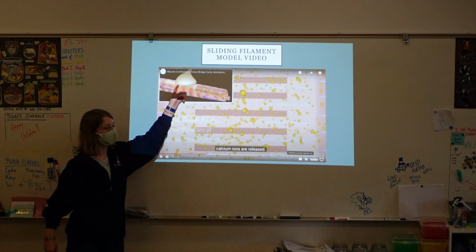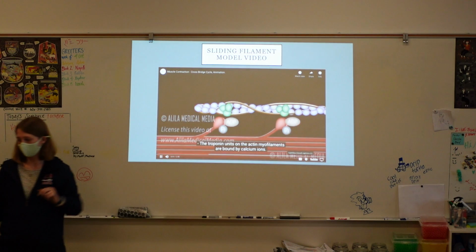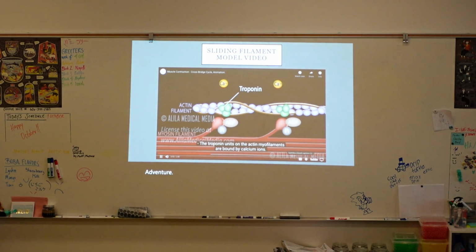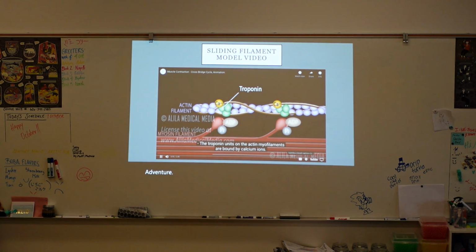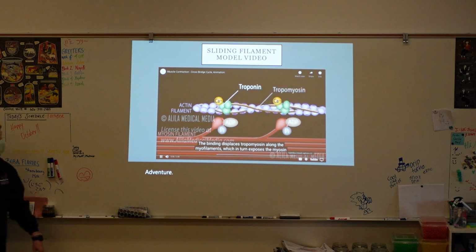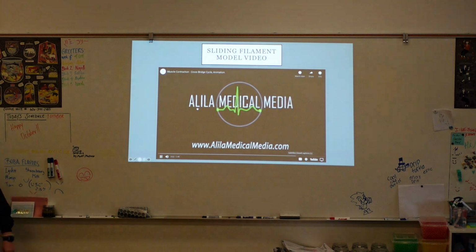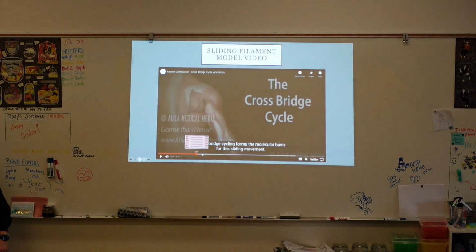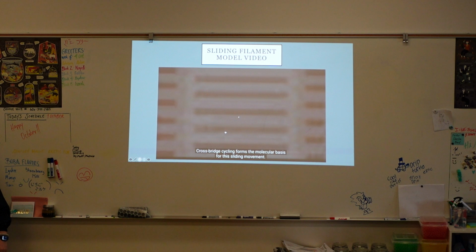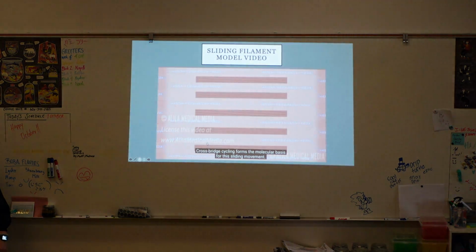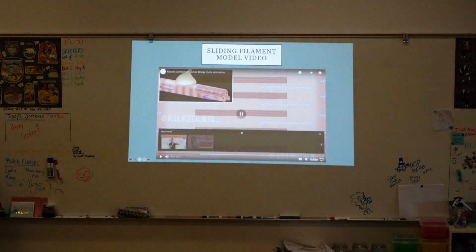So this is our neuromuscular junction. Binding units on the actin myofilament are bound by calcium ions. The binding displaces tropomyosin along the myofilament. Muscle contraction. Sliding movement. Muscle contraction.